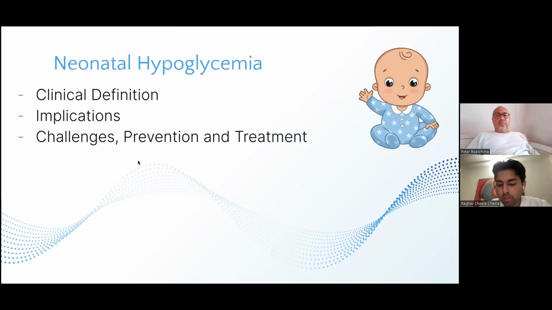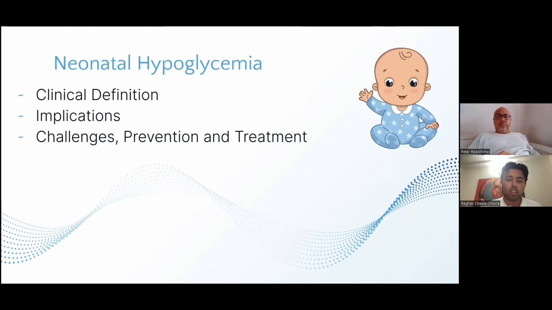The implication of hypoglycemia in neonates is that it substantially increases their chance of developing disorders of the brain, because glucose is essential fuel to the brain. And if a body is deprived of glucose, several brain disorders can develop, including kernicterus.